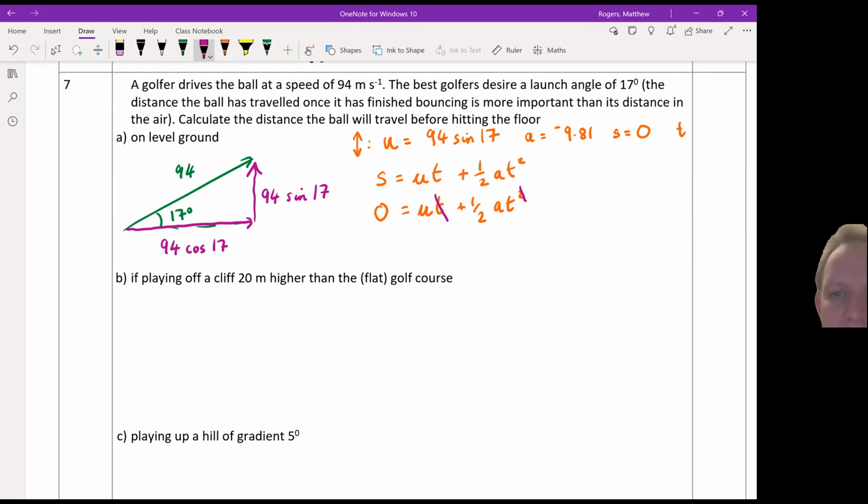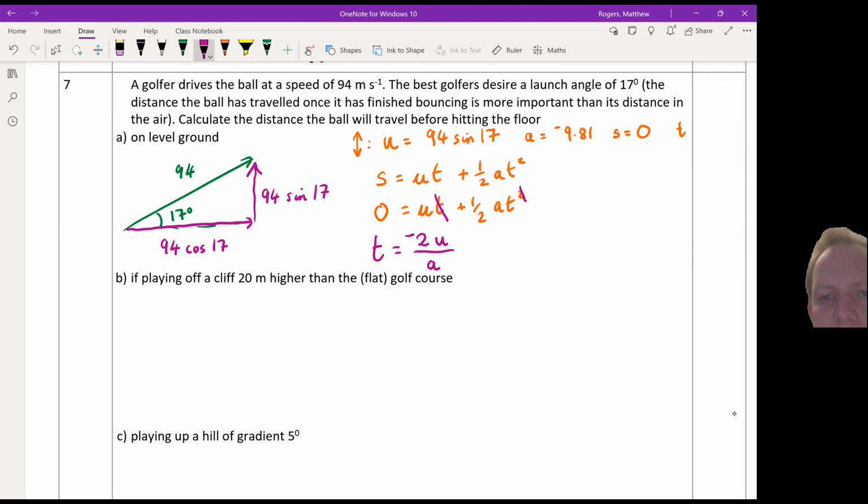So rearranging this equation, we want to find t, so we're going to put the u on the other side, multiplied by 2 and divided by a. So t is equal to, in fact, minus 2u over a.